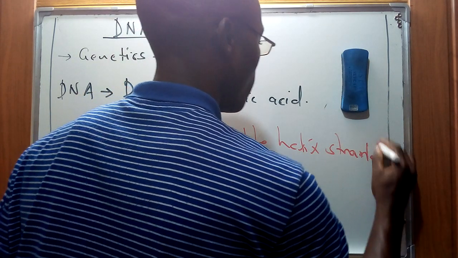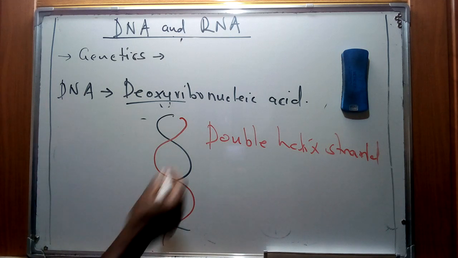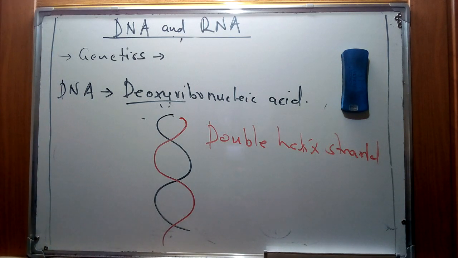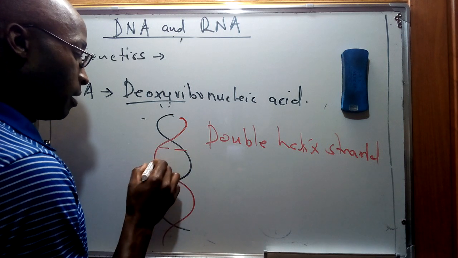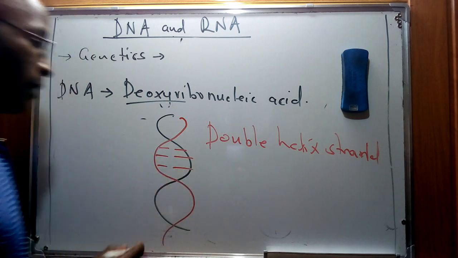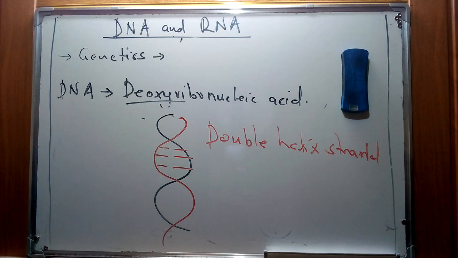Along this strand, specific molecules are going to be attached, whereby each strand of the DNA contains sugar and phosphate molecules, which alternate in this specific order. I'm going to give an illustration which will give a clear picture of how these sugars interchange or alternate.